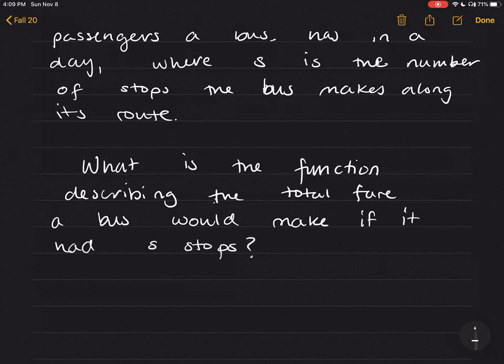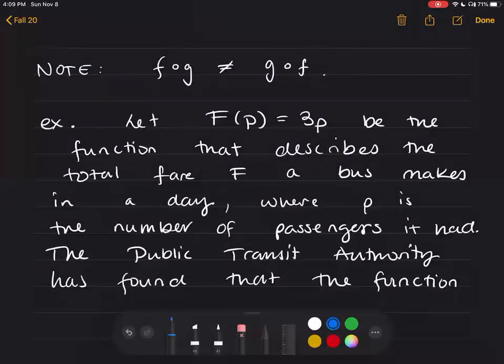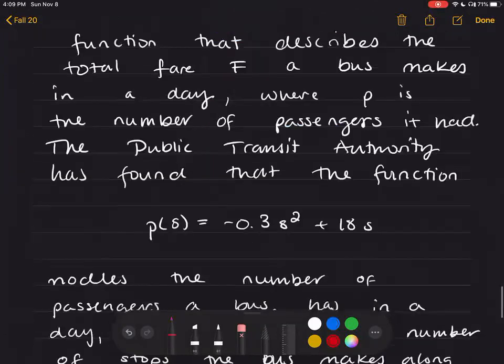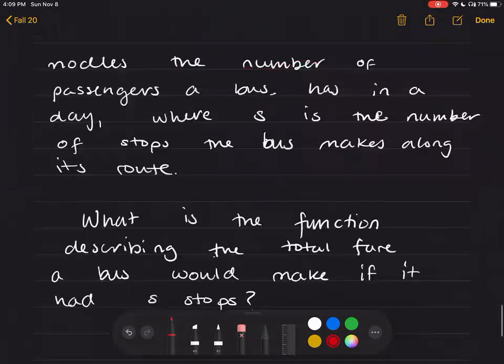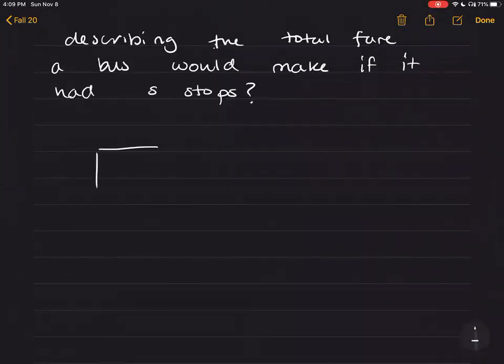So we have a function. Let's get some colors out here. So I have this function here in blue. This describes how much fare a bus will make depending on how many people ride it. And we also have this function here in red that describes how many people will ride a bus depending on how many stops it has. So if we draw like a diagram, let's do some 3 boxes.